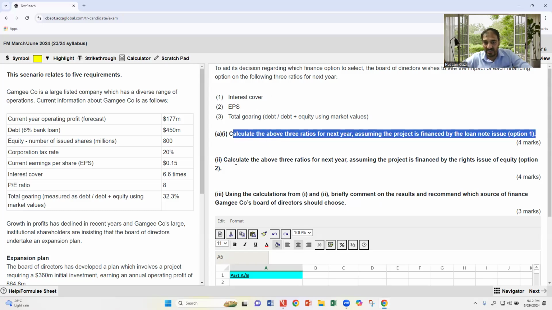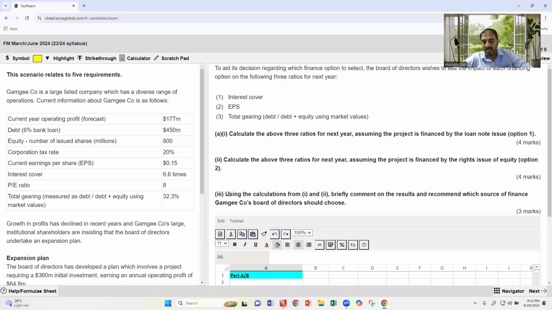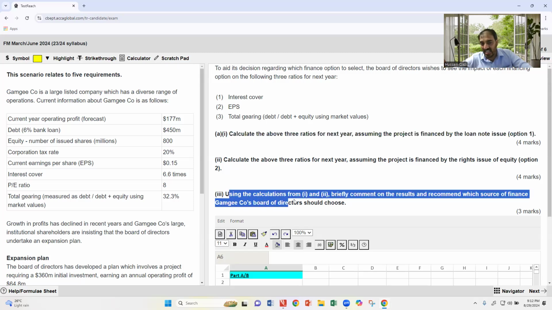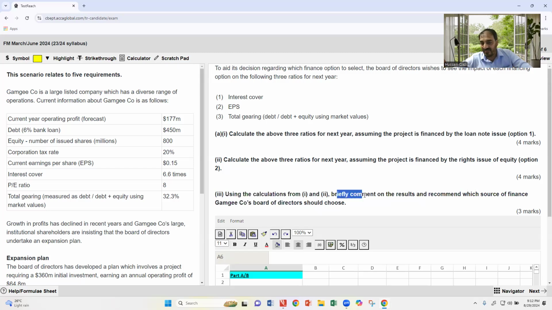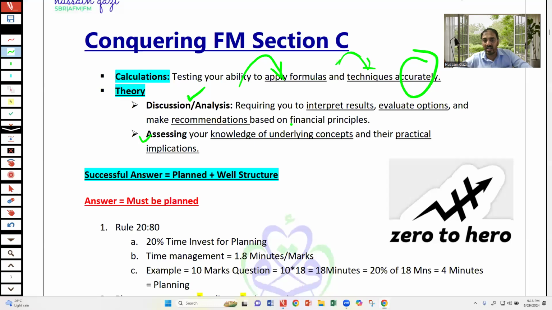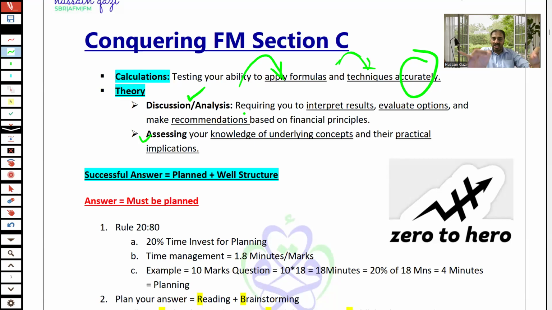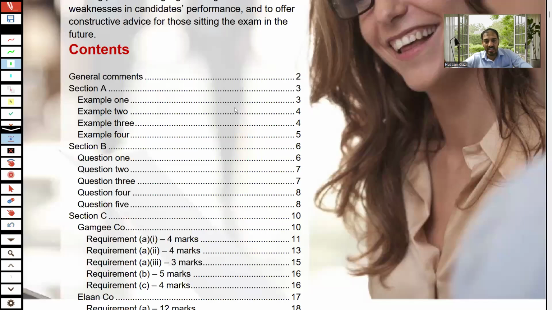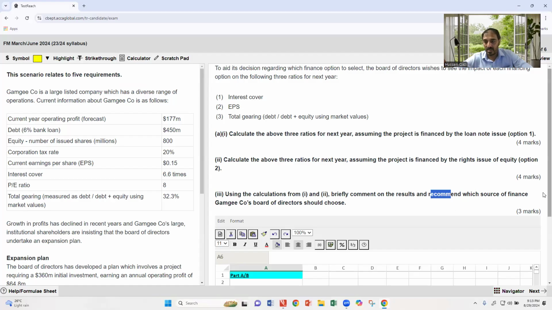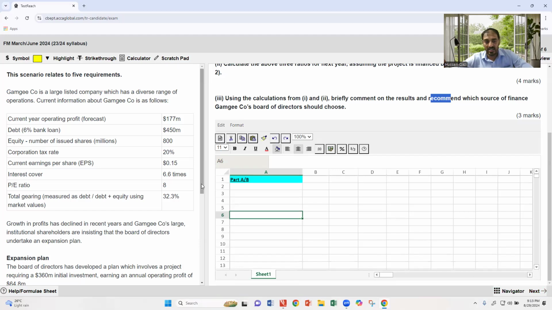These are the calculations. But for the theoretical part, the examiner mentions: using calculations 1 and 2, briefly comment and recommend. This category of theoretical question is called discussion and analysis, which requires you to interpret your results, evaluate the options, and make a recommendation. This is one type of question. The other type of question the examiner examines is like this.